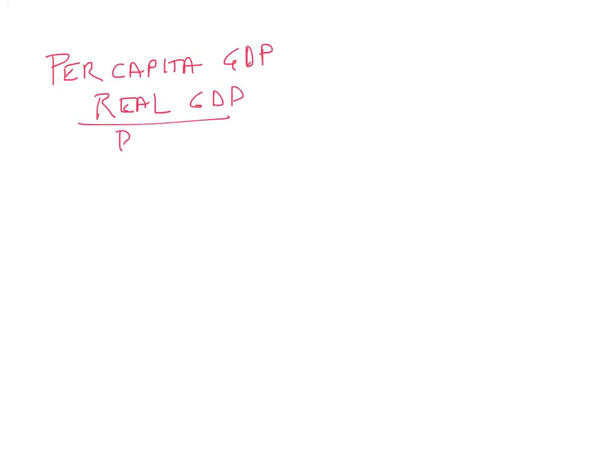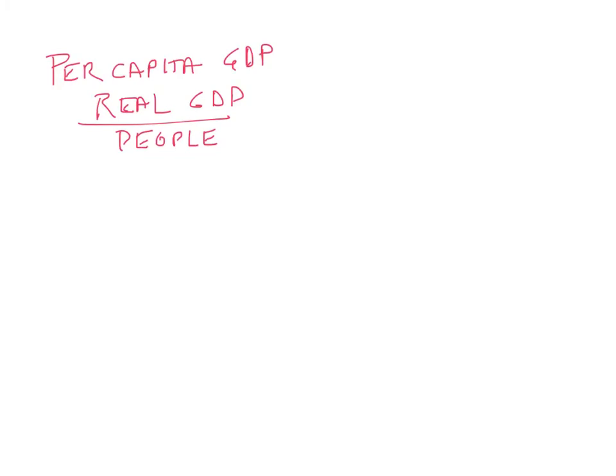So economists like to look at per capita GDP. Per capita GDP is real GDP divided by the number of people in the country, and this will give a much better measure of the well-being of the people in the country.